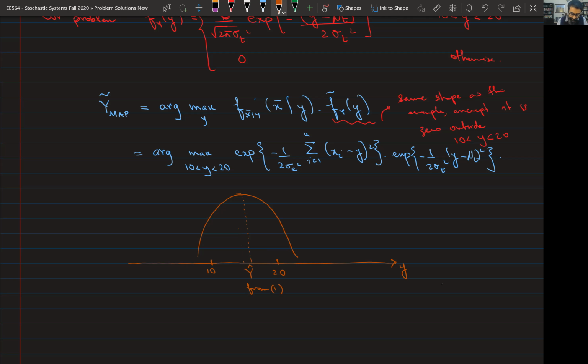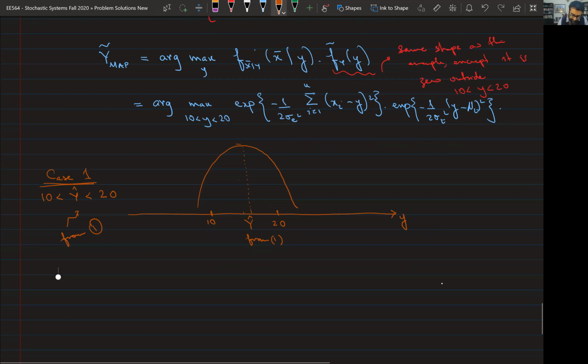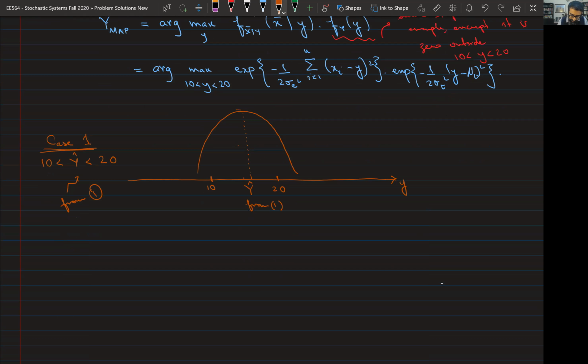So this is case 1, where 10 is less than y hat is less than 20, and this y hat is really from equation 1 that we had earlier. And I can actually define two other cases as well. What could those other cases be?